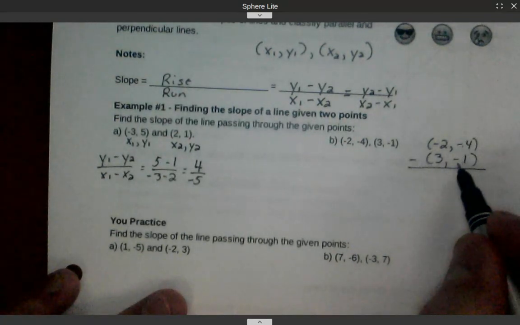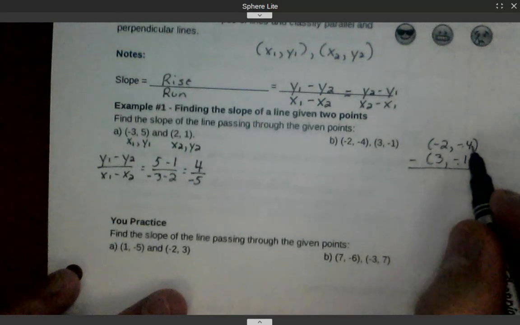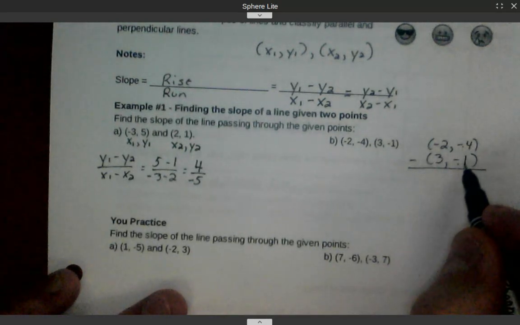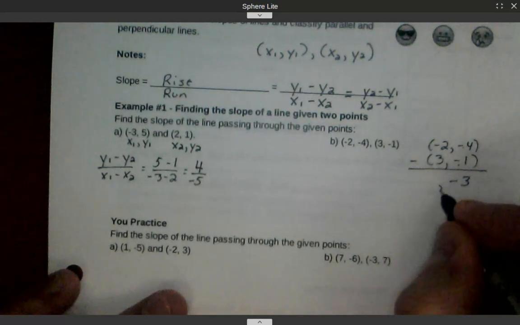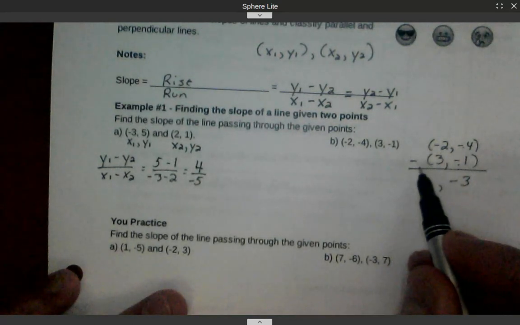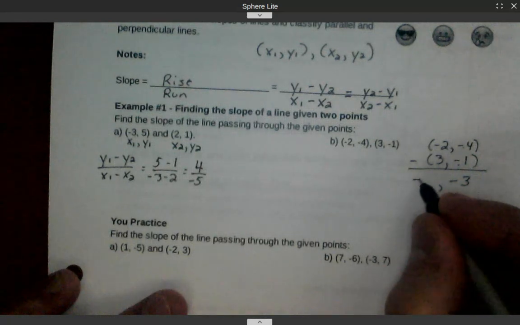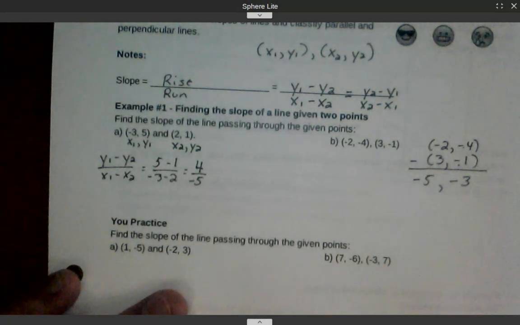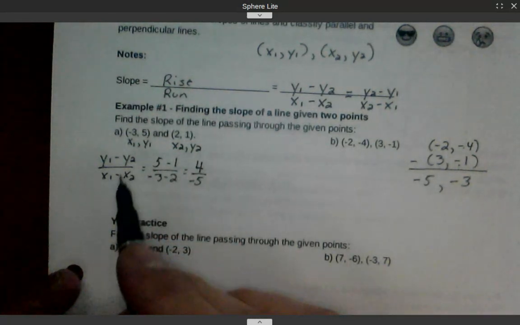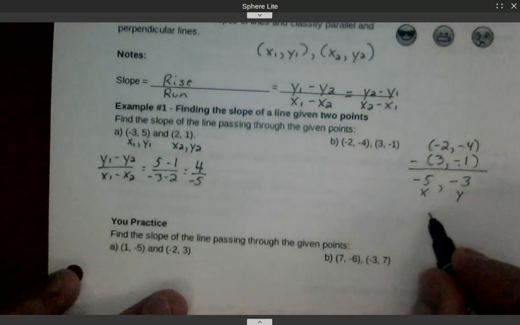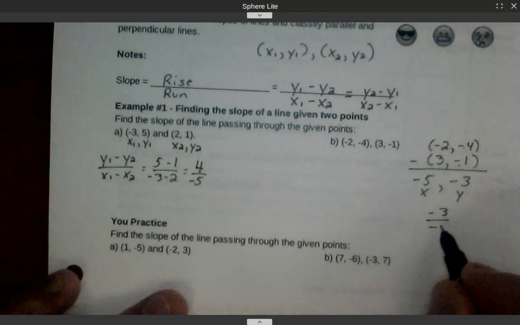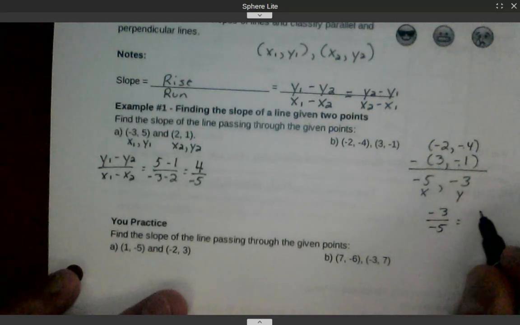So negative 4 minus negative 1, so negative 4 minus a negative turns into plus, so negative 4 plus 1 is negative 3. Negative 2 minus 3 is negative 5. Now we have to remember that the slope is y over x. This is my y, this is my x. So I'll have negative 3 over negative 5, which simplifies to 3 over 5.